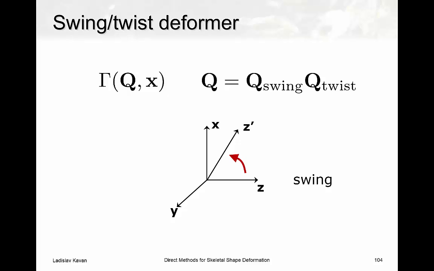It turns out you can do the swing twist decomposition elegantly using quaternions. It's not so difficult to figure out; there was an old inverse kinematics thesis that also discusses this. It's a cute thing that you can do very elegantly using quaternions. You don't have to do any SVDs or anything complicated.